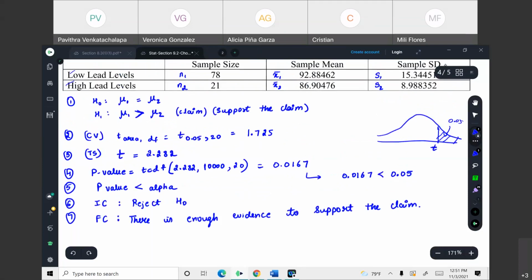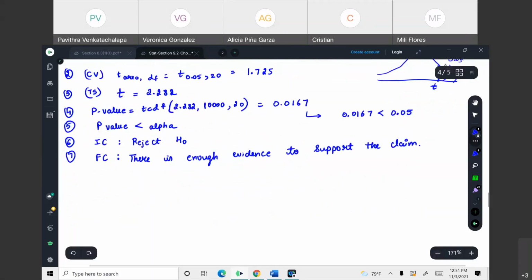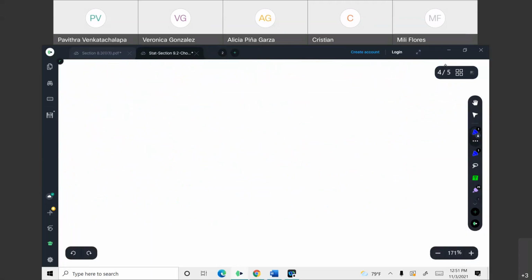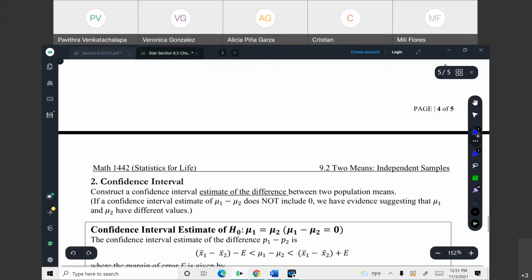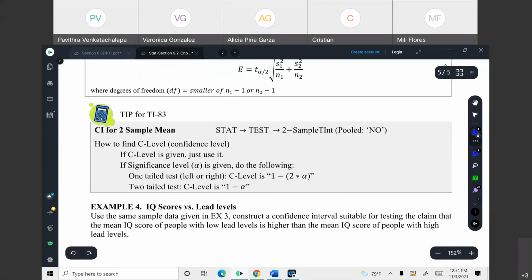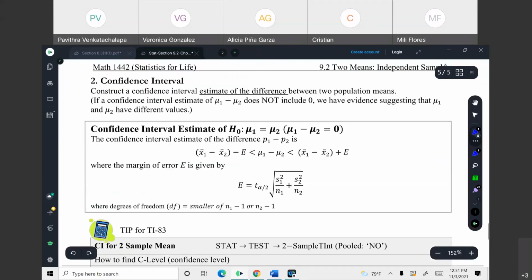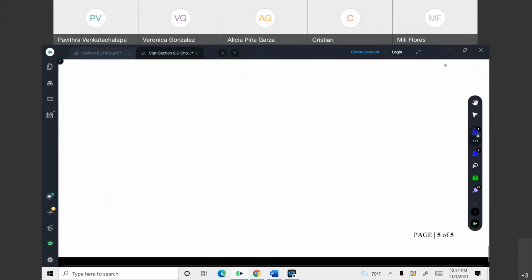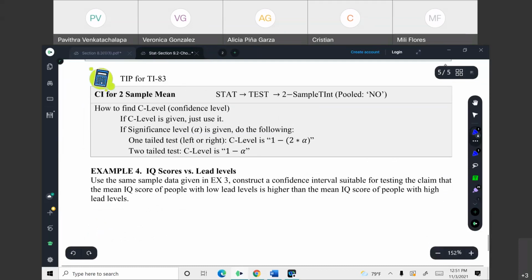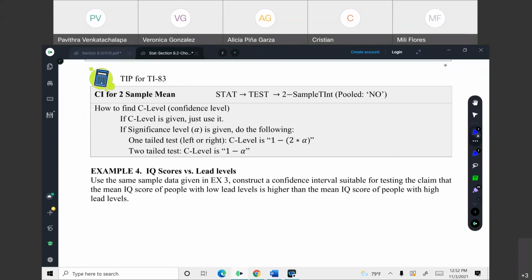Okay, so this is how you do it whenever you have two samples. There is a small portion left, just finding the confidence interval. It's very easy, and there's only one example. So I guess I will do this in the next class.